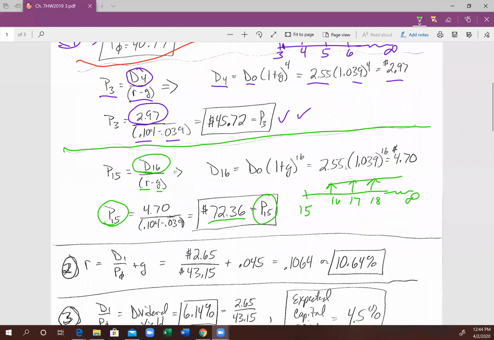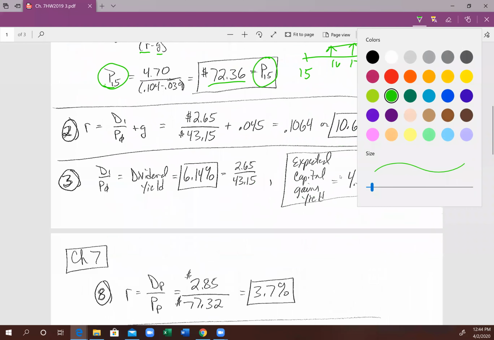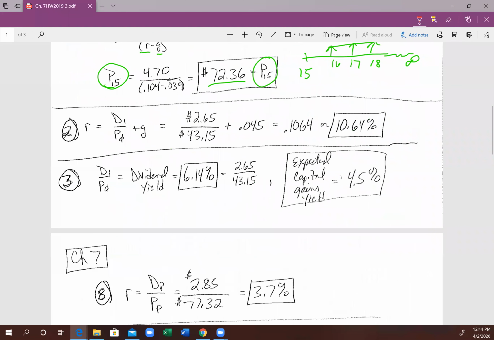So as we look at problem 2, go back to my different color. All right, so now if we look at problem 2, it says the next dividend by Hoffman will be $2.65. So this is important because what?